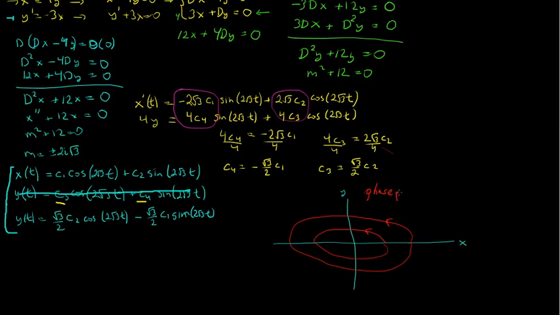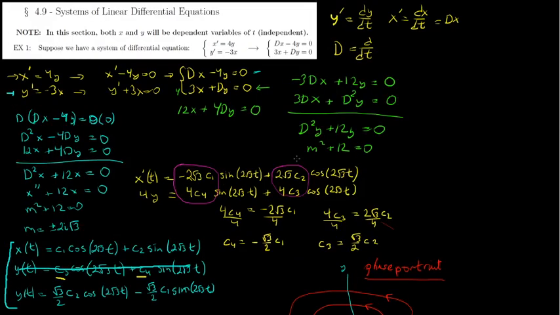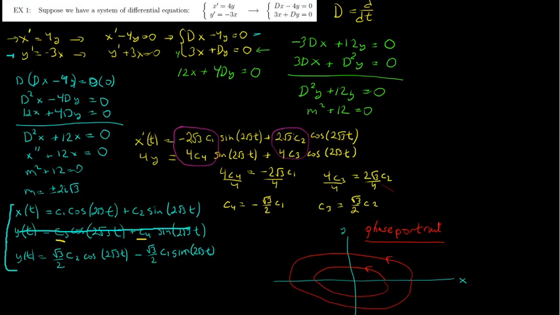So this is a 2-dimensional phase portrait. And they probably get more detailed in Chapter 8 when they solve this more systematically than we're going to do it here. But this is the idea of systems of linear differential equations.